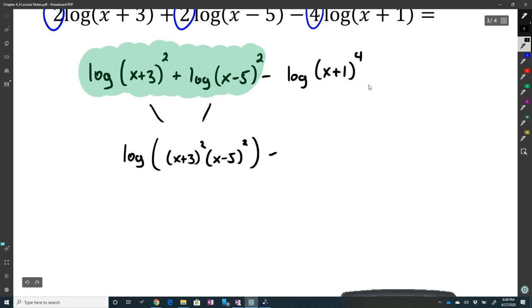And then I can work on the whole thing. Oh, I guess I don't need to highlight the whole thing. Just the subtraction. So now it's going to be one log.